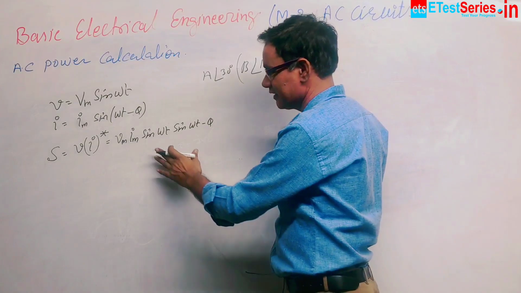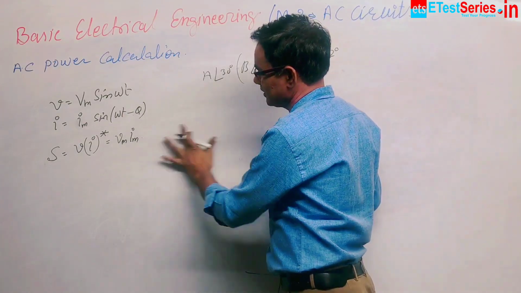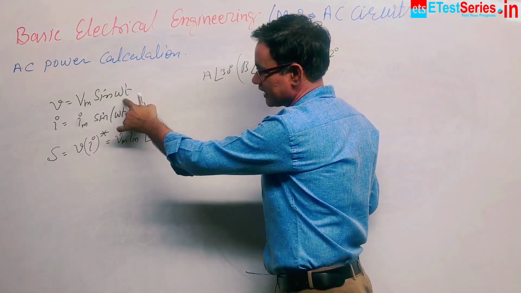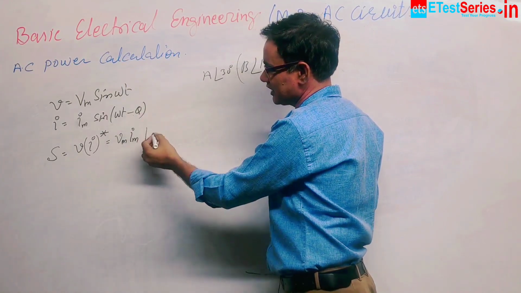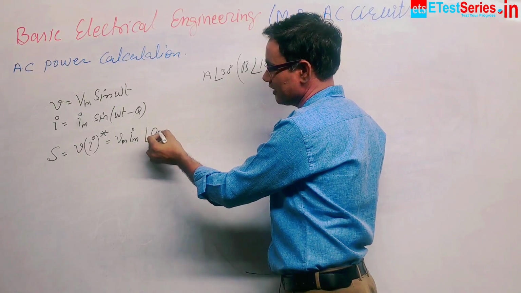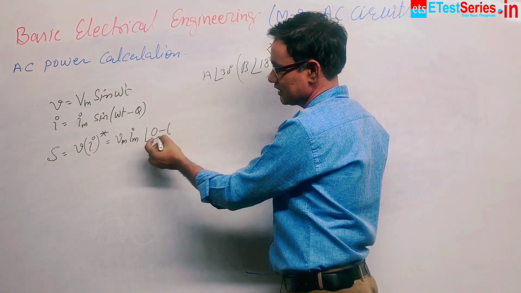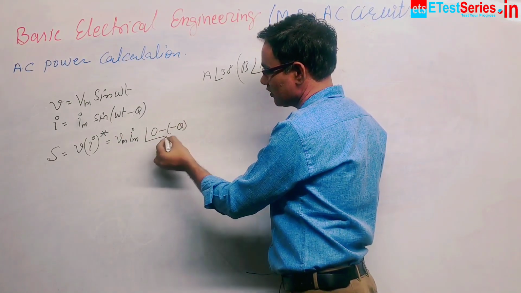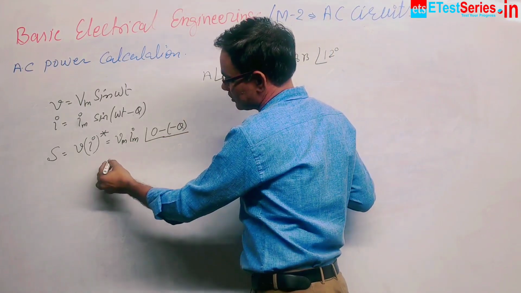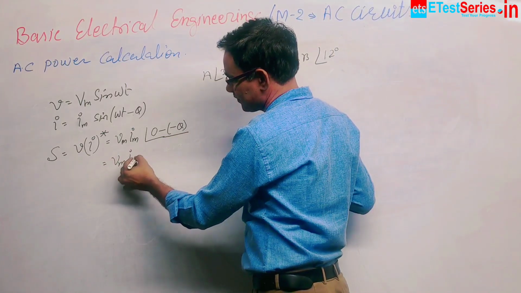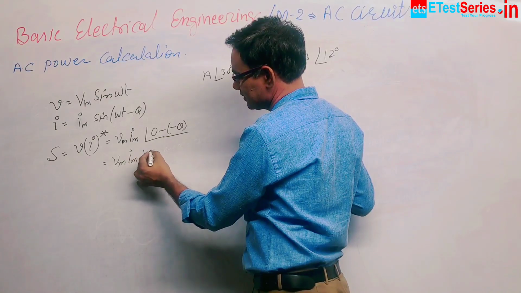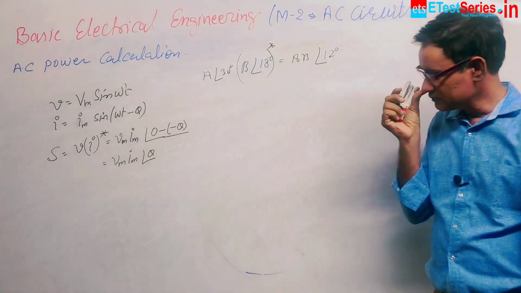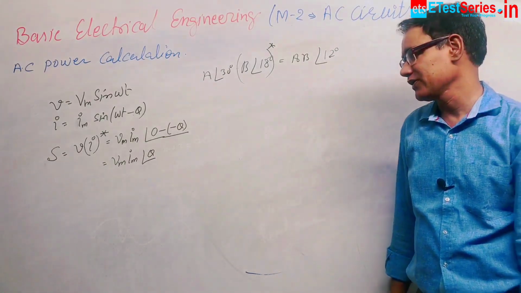We can take them as complex numbers. So this one is taking 0 degree, and this is taking minus theta degree. So one is 0 degree, and the other, if I take the complex conjugate, is minus theta. So this is the angle. So it is Vm Im, and the angle is theta.